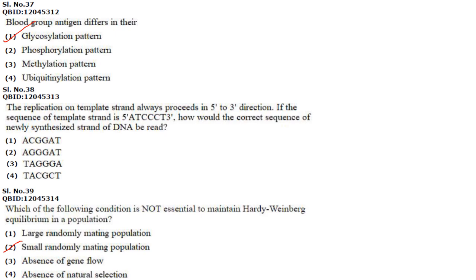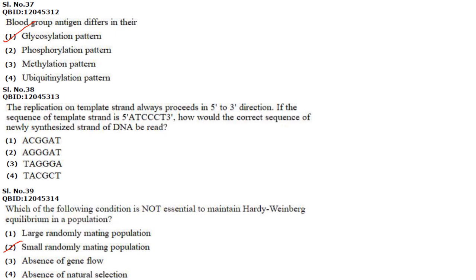So blood group, it is ABO system of blood group, and blood group A has A antigen on the red blood cells and anti-B antibodies in the plasma. Now they have asked for blood group antigen differ in their. So they differ in their glycosylation pattern. So the answer here is option 1.